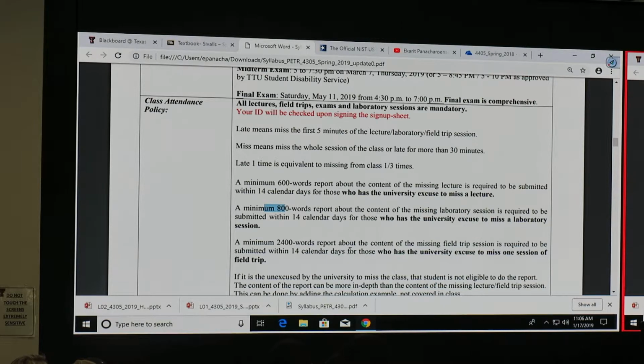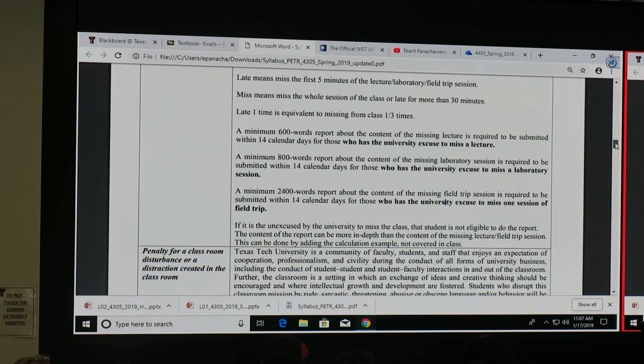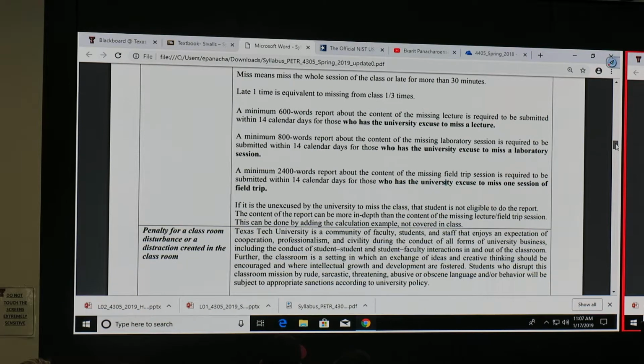And if you miss a field trip, it's 2,400 words or something. This is when you miss with a university excuse. If you don't have one, it's just marked absent and you are not allowed to write it, so it's not counted toward the penalty.